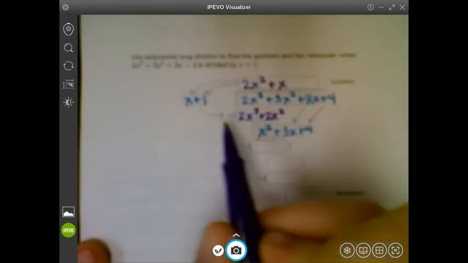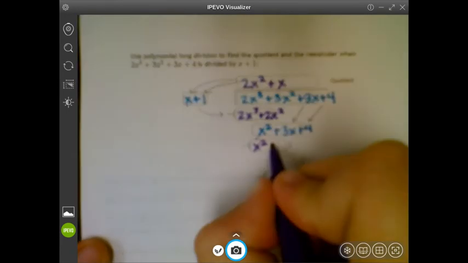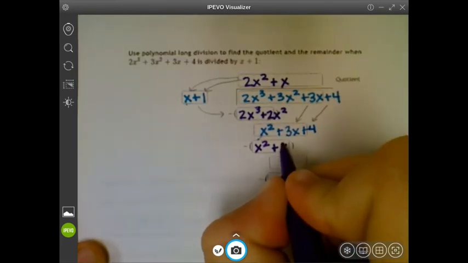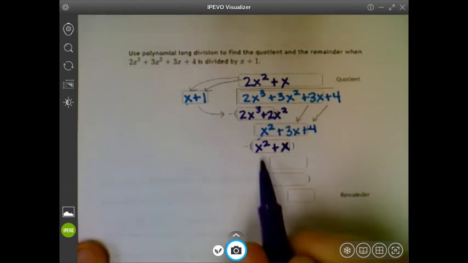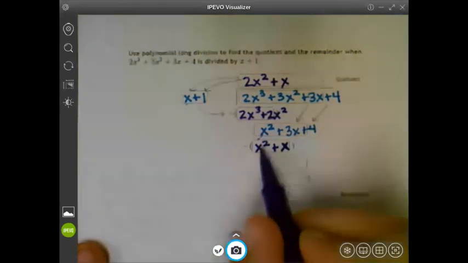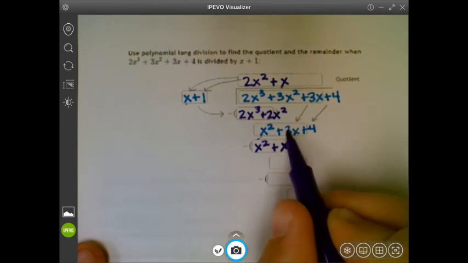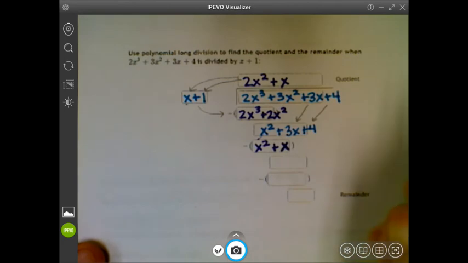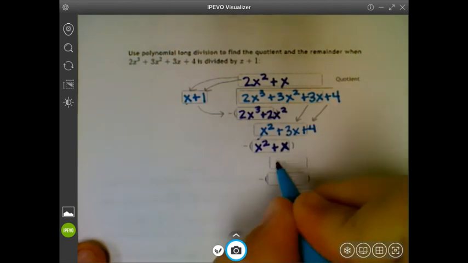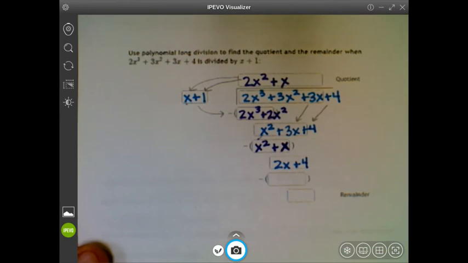So x times x is x squared. x times 1 is x. And then we'll do the subtraction. x squared minus x squared, those should always simplify because you set them up to simplify. And then 3x minus x is 2x. And then you still have a plus 4.